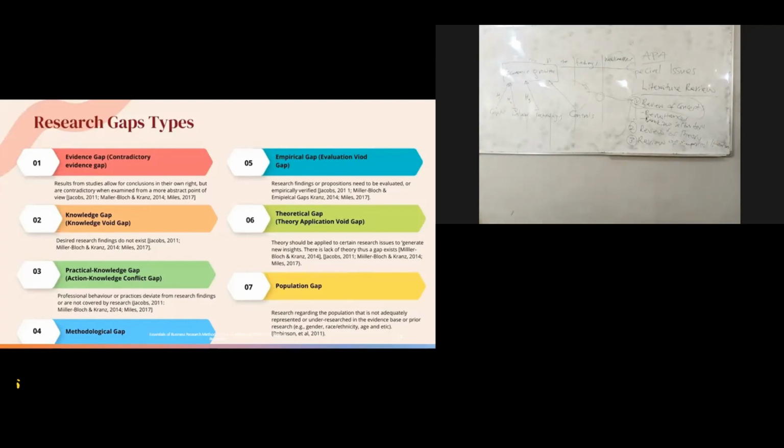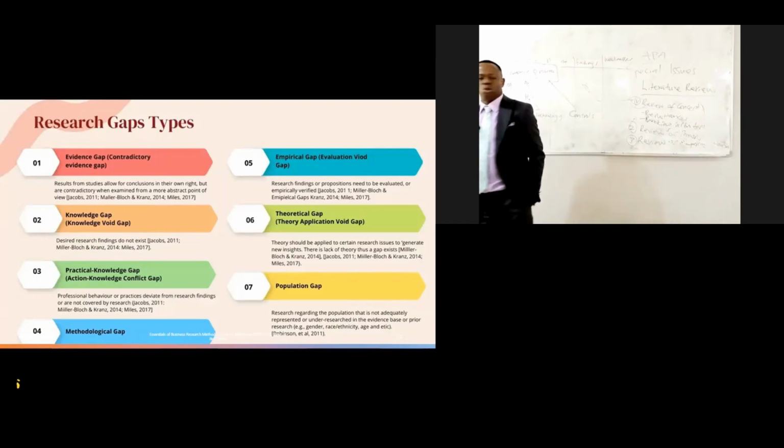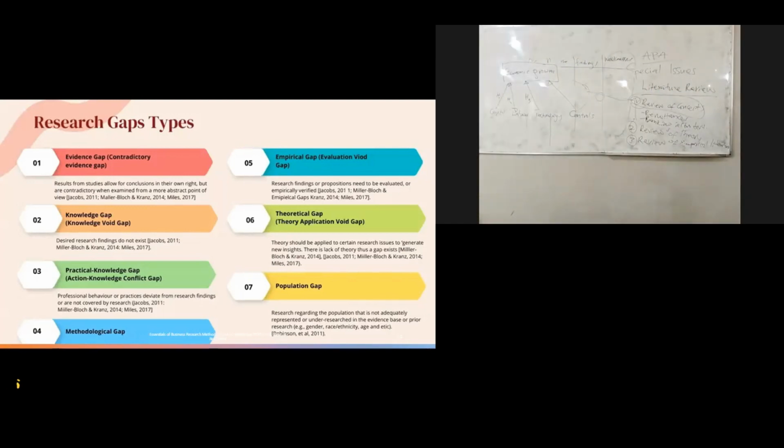Then we can have what we call the knowledge gap. Here, as a researcher, you have seen that in that particular area, no work has been done. I'm hoping to see whether I can get an example to read out to you from one of the papers that I have here.